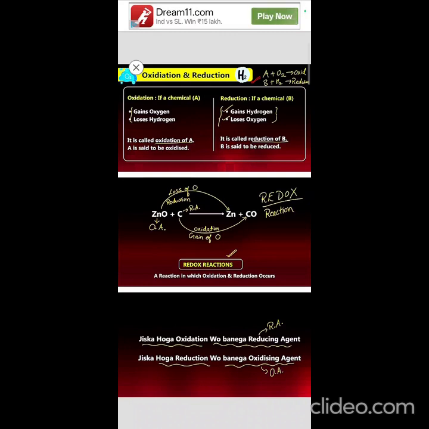Let's study oxidation and reduction one by one. The first one is oxidation. If a chemical A gains oxygen and loses hydrogen, then it is called oxidation of A. We can say A is oxidized.